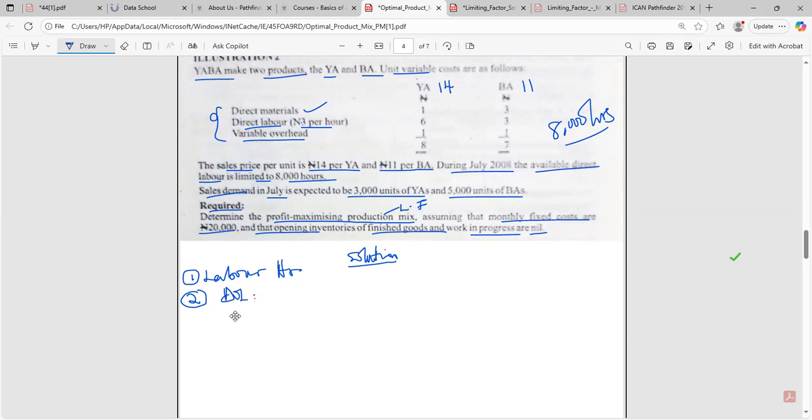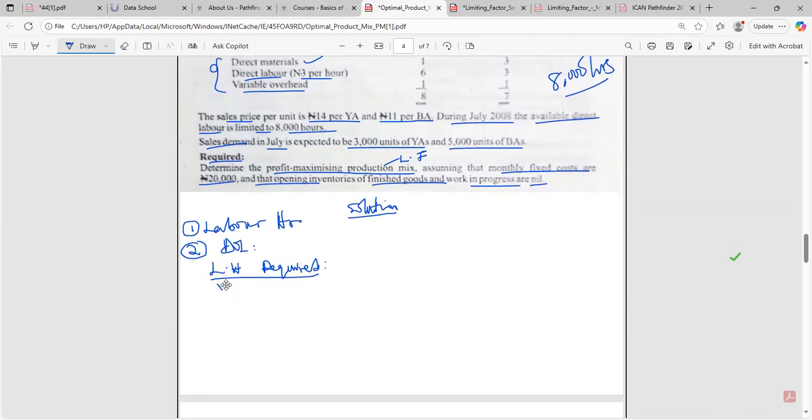So what do we need? We need the resources available minus the resources required. Okay, so what are the resources required? We are making how many products? Ya and Ba, so put Ya here and Ba here. That resource is labor hour.